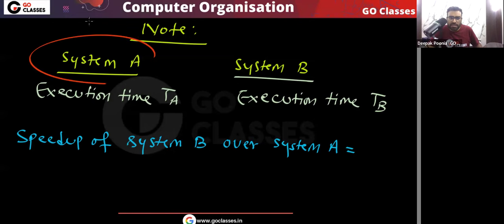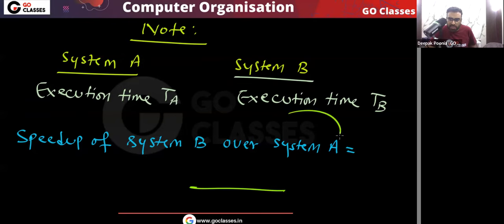This is very simple. If system A has execution time Ta and system B has execution time Tb, and the question asks you speed up of system B over system A, then that will be equal to execution time of system A divided by execution time of system B. So please understand, if I ask you the speed up of system B over system A, then on the numerator you will write the execution time of system A, TA, divided by TB.